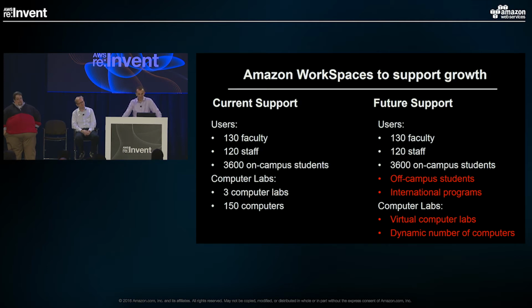So from the growth perspective, we needed a solution that would allow us to provide support to distance learning students. Also, we have several computer labs that, as all computer labs at some point, have to be replaced, and we are located in Washington, D.C. To build a new building is extremely expensive.